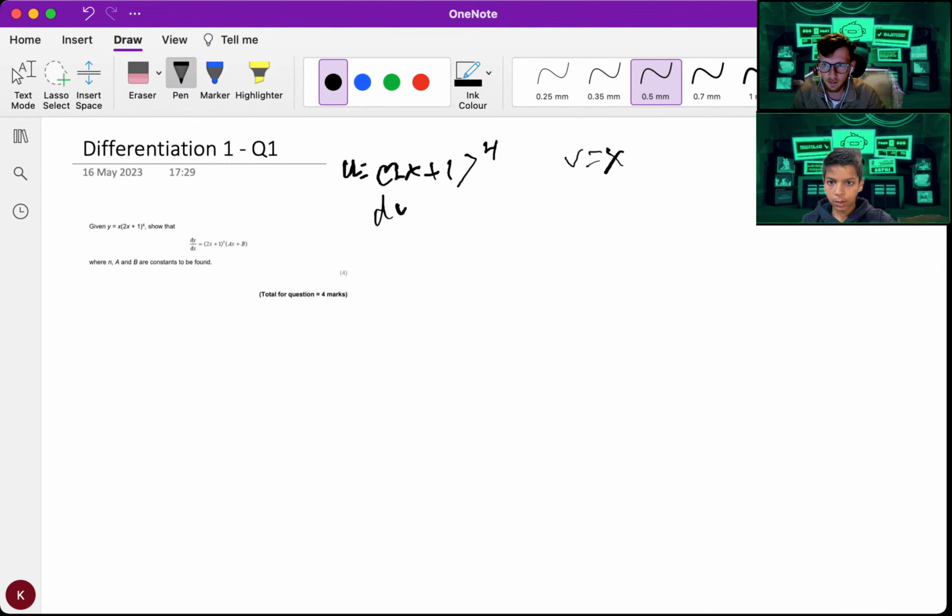If we do the derivative of u with respect to x, we need the chain rule.